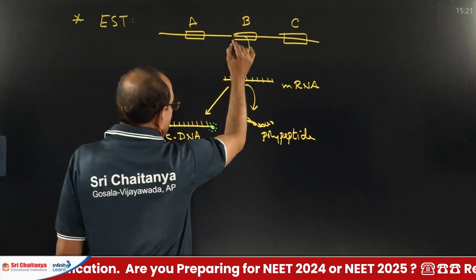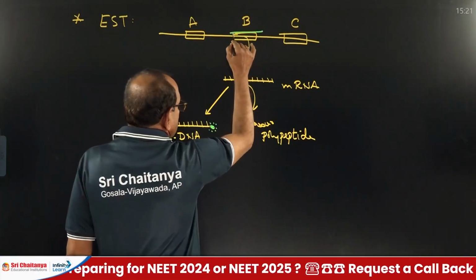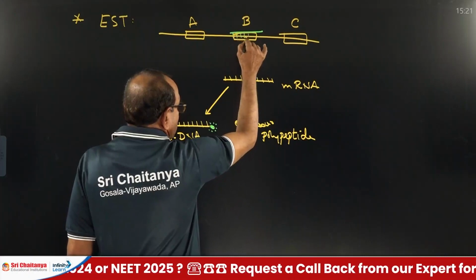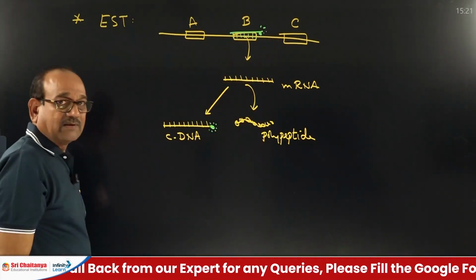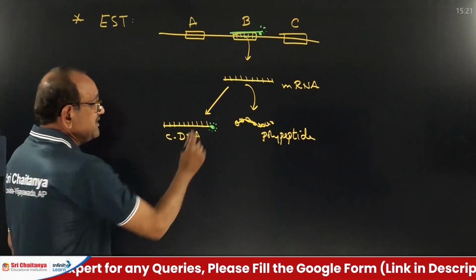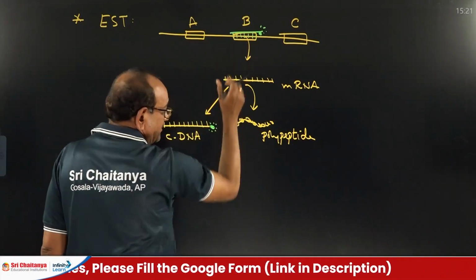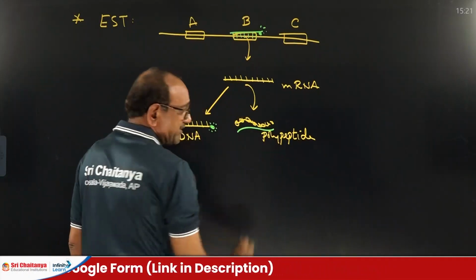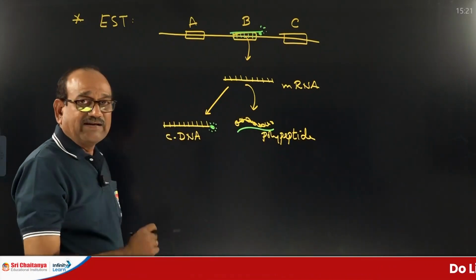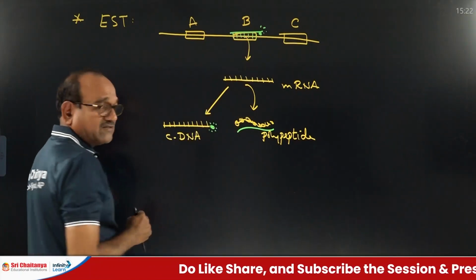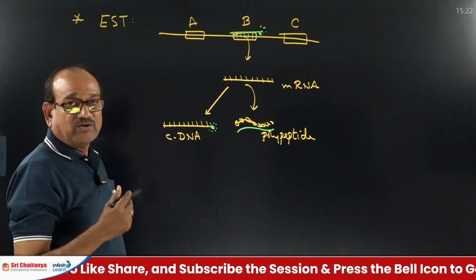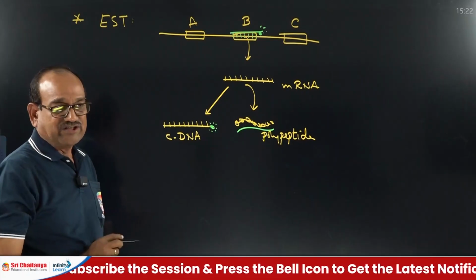This cDNA goes and hybridizes the DNA exactly at this location only. So we can identify this is the gene that codes for this polypeptide. So like this, we can identify the gene. Later, we have to cut this DNA piece, and we have to use this for DNA sequencing.